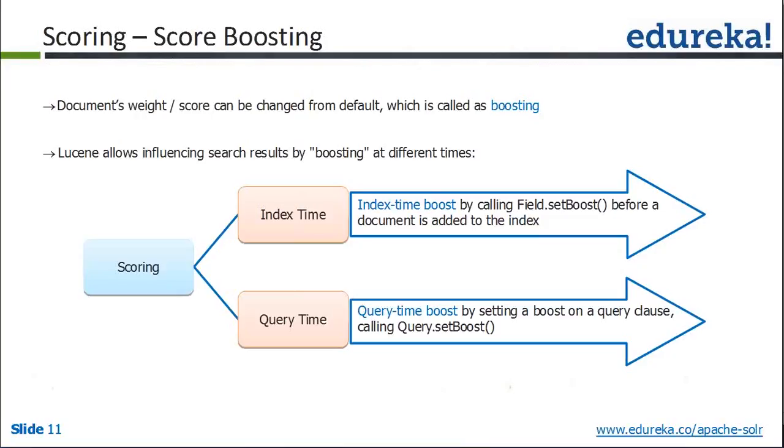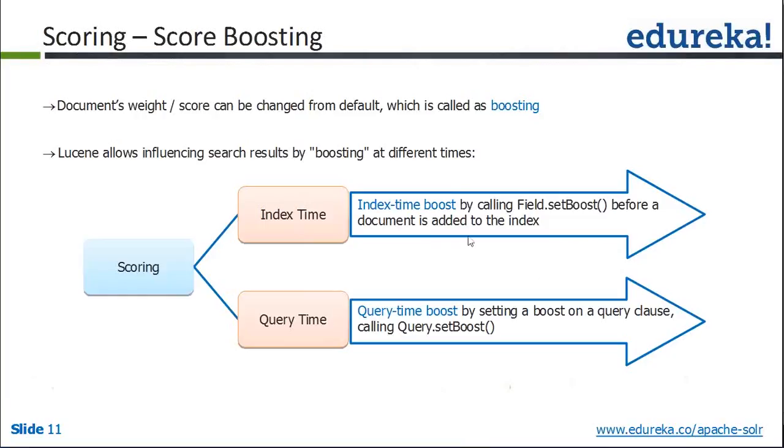If I am ingesting a document from a source, and the document happens to have a token called Hadoop or big data, I can say that field is going to be boosted by some boost factor. That is called index time boosting.